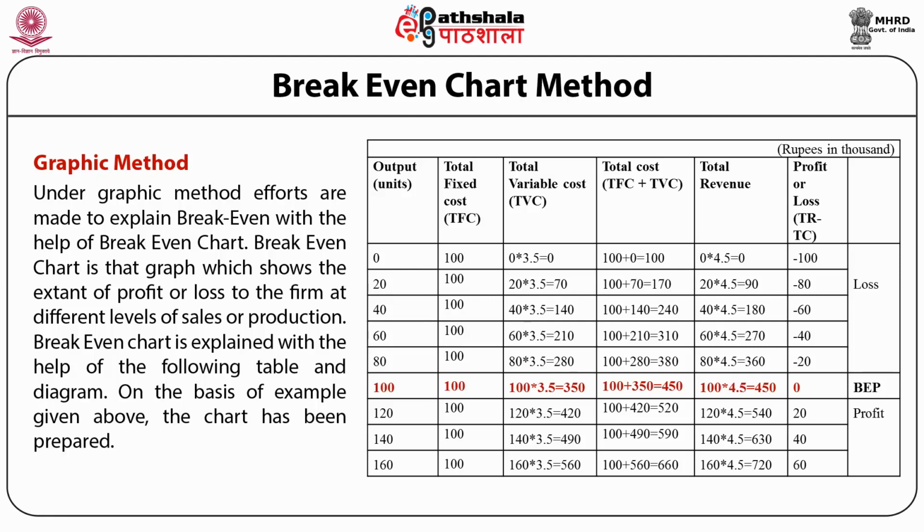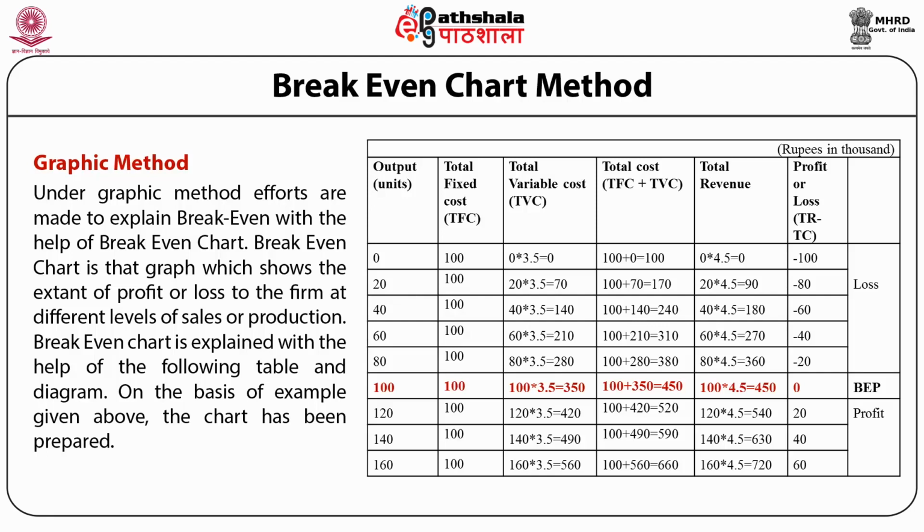In the next column, we have found the profit or loss, that is the difference between total revenue and total cost. When the company is producing 0 units, it is earning a loss, that is 1 lakh, and it keeps on reducing with the increasing level of output. When it reaches 100 units, there is the situation of no profit, no loss.